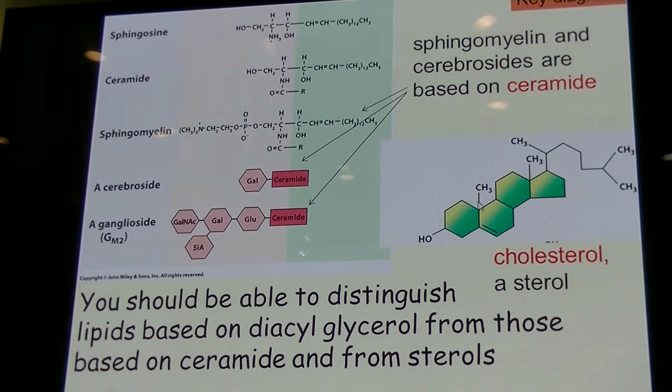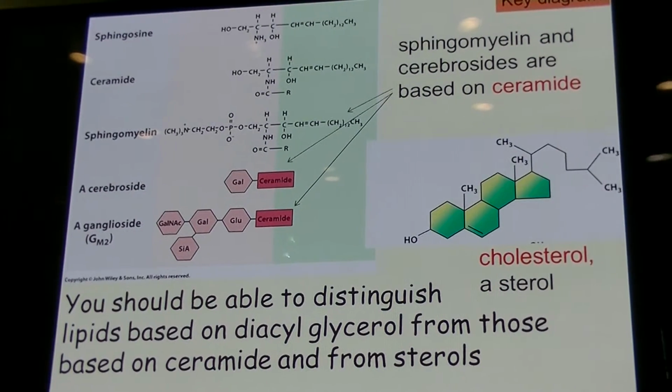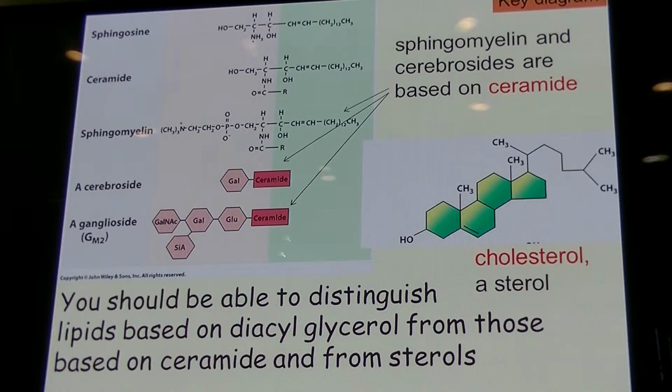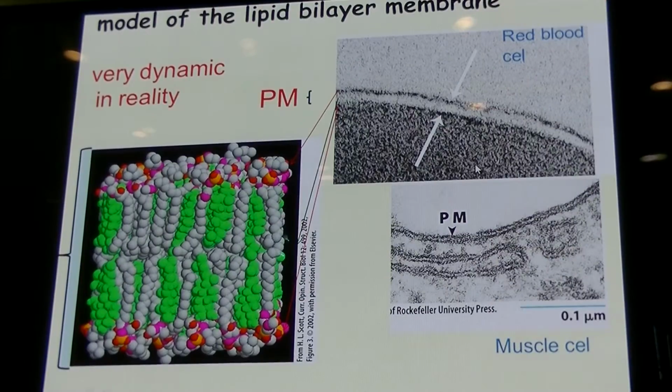This is its head group, and to the right is the hydrophobic tail. So you should be able to distinguish something that's based on diacylglycerol from ceramide, because you look for this peptide-like bond, and from sterols, which have these ring structures. So I think it's easy.